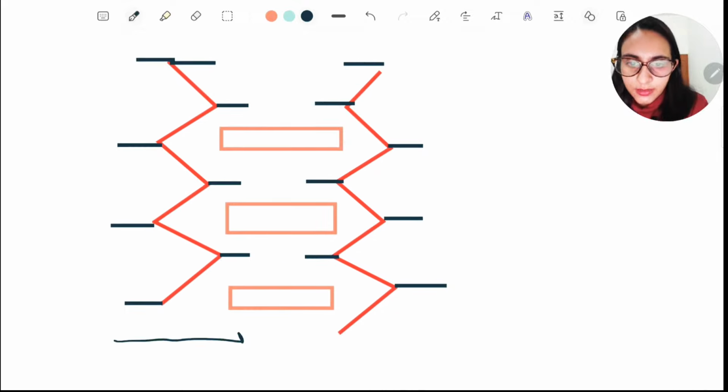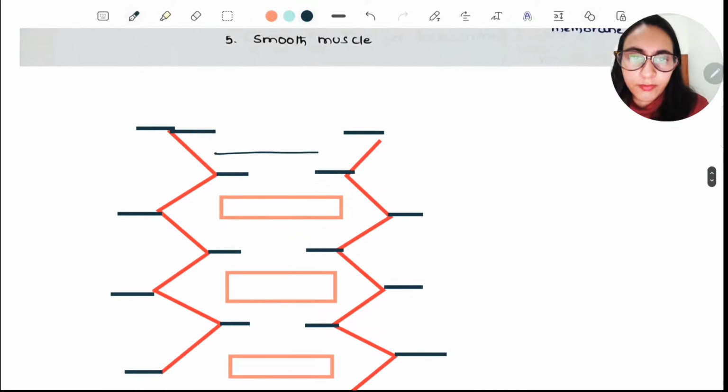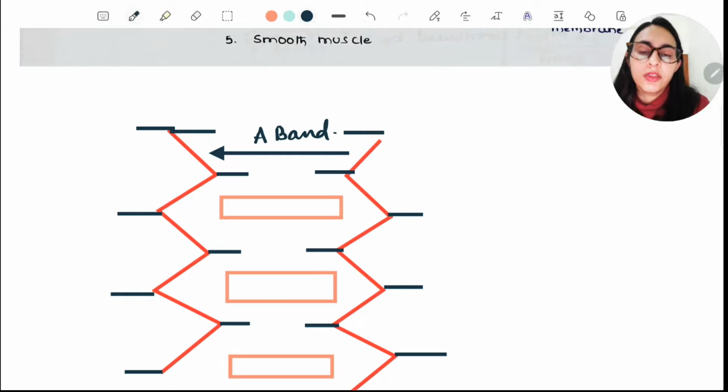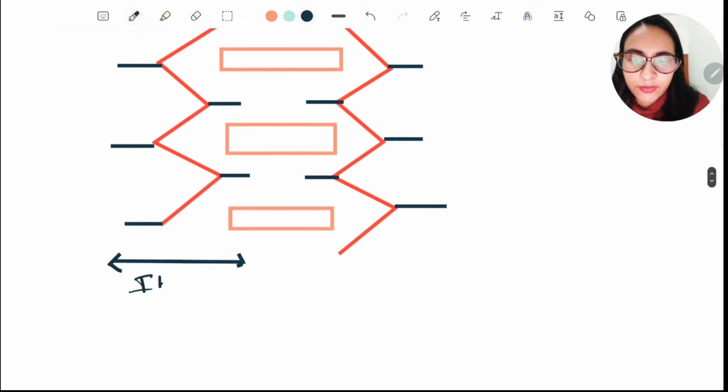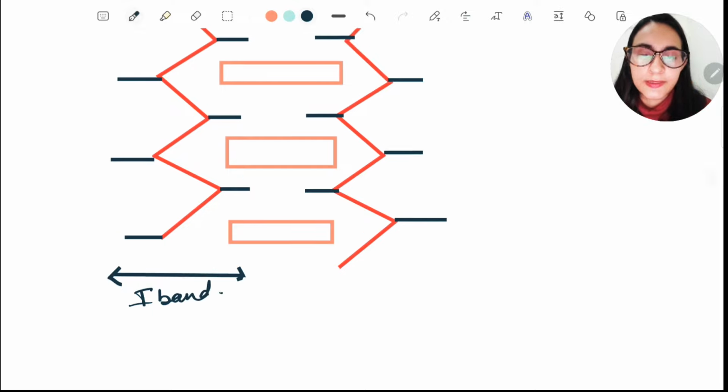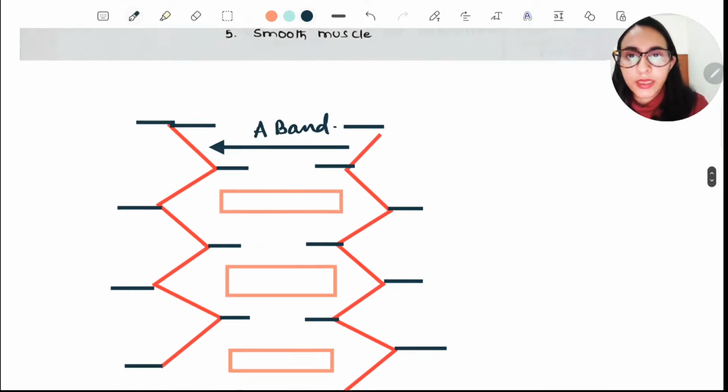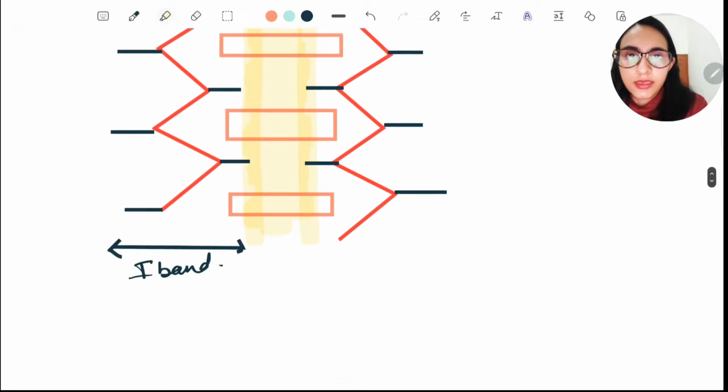This is the complete I band, and here we have a complete A band, which constitutes the thick filament, while the I band constitutes the thin filament. The space between the thin filaments, which contains only thick filament, is known as the H zone.